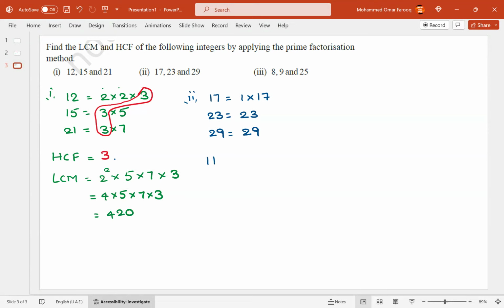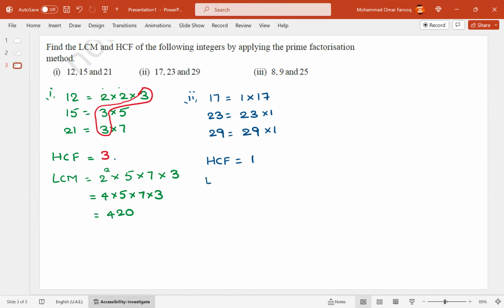Now for HCF, do you have anything common? We don't have anything common. That is why I was expressing it as times 1. When you don't have anything common, 1 is a common factor, right? So the HCF, highest common factor, of 17, 23 and 29 is 1.